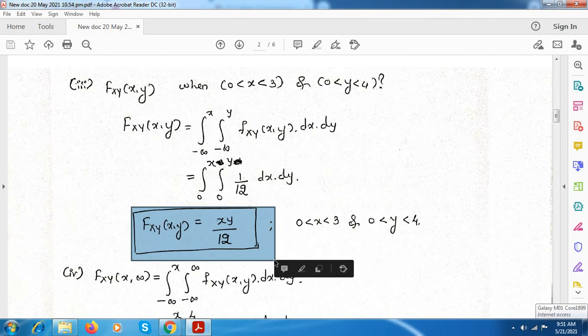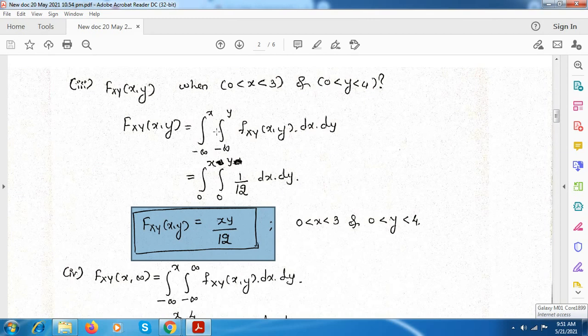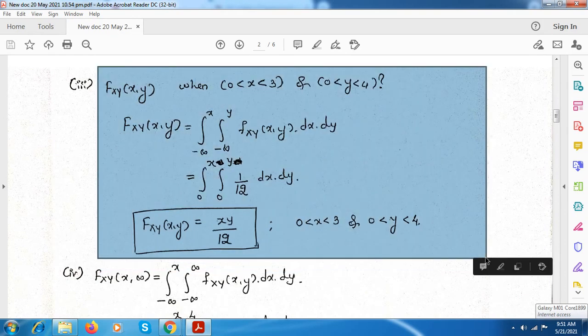So next we have to find the CDF when y is equal to infinity. Just take down this solution, then we will see the CDF value when y is equal to infinity.